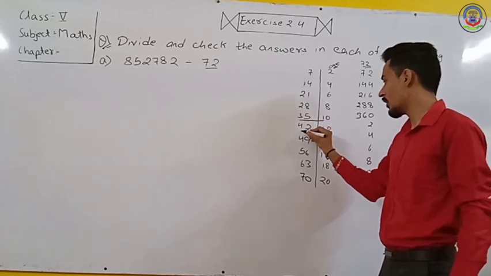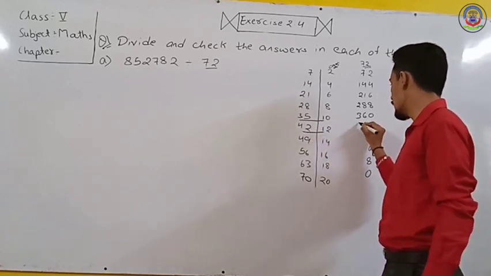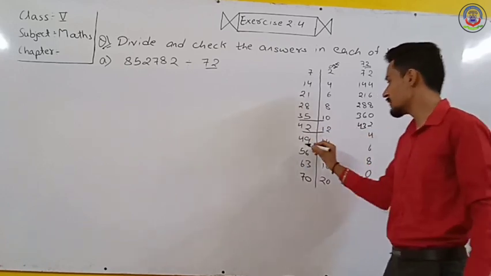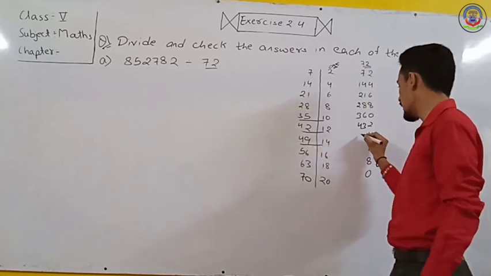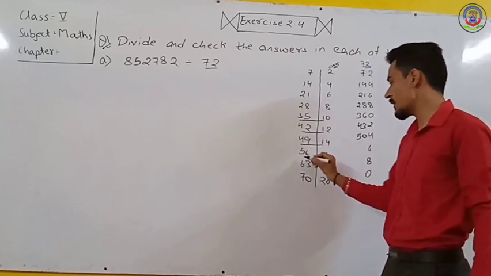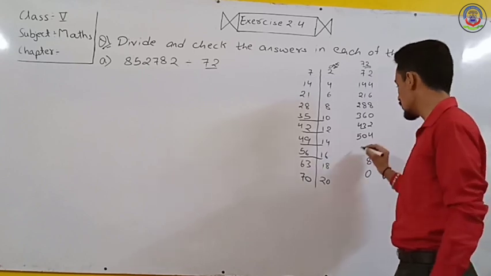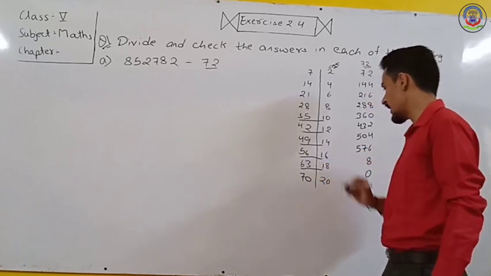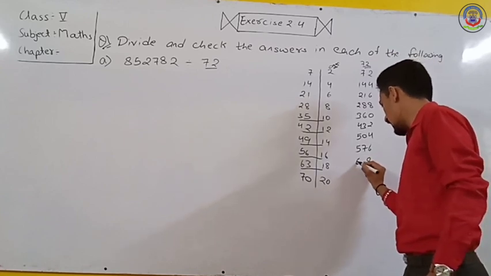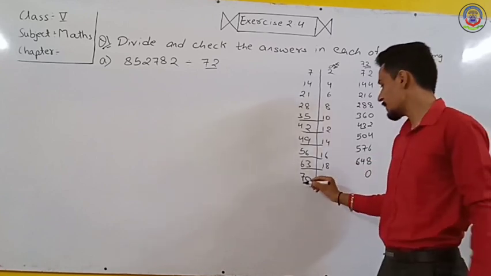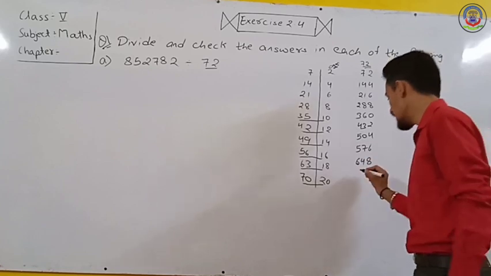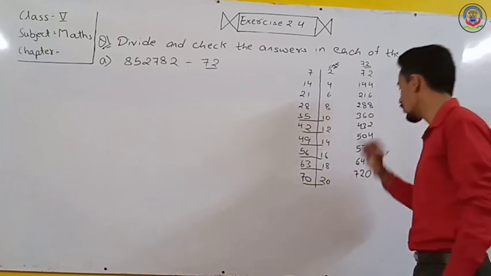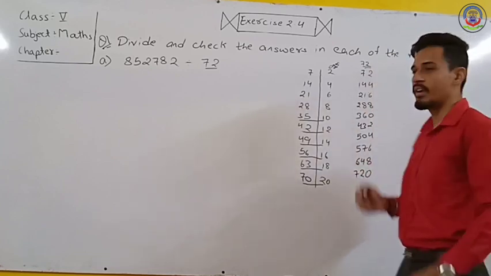Next we have 42 and 1. So it is 43. Next we have 49 and 1. It is 50. Next we have 56 and 1. So it is 57. Next we have 63 and 1. It is 64. Next we have 70 and 2. So it is 72. So it is the table of 72.